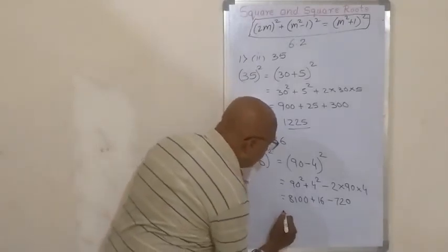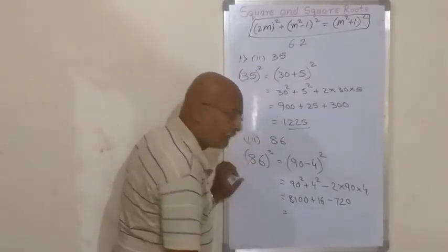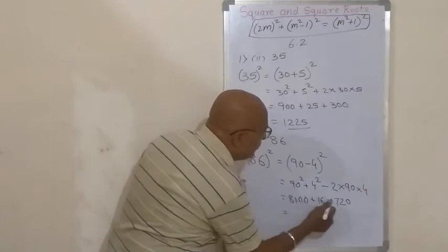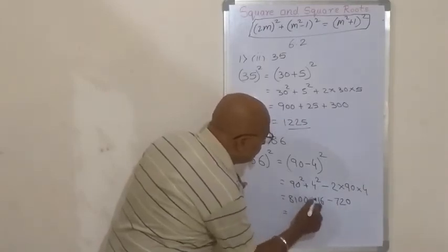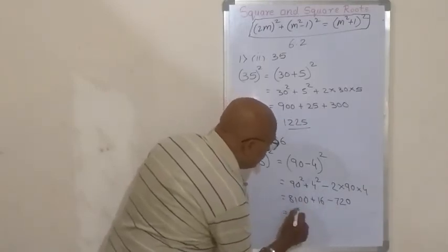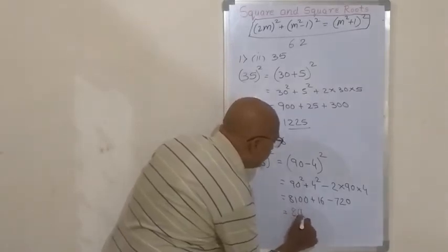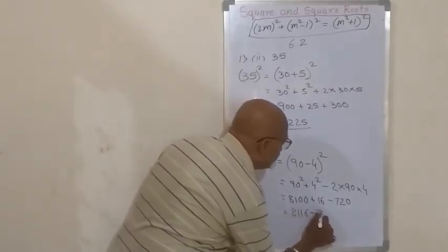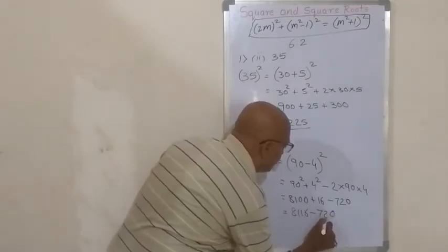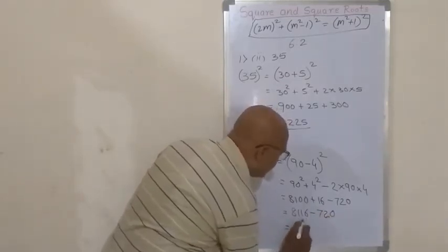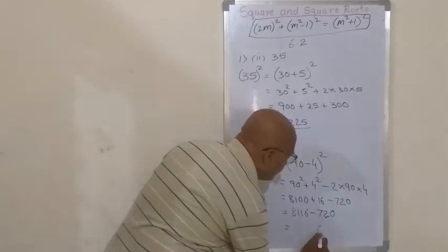So what we get here? Equal to 8116 minus 720.